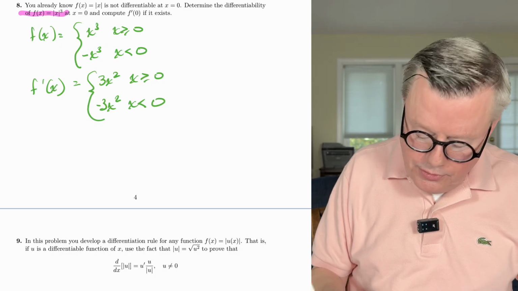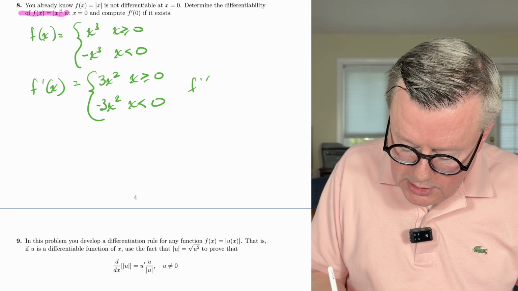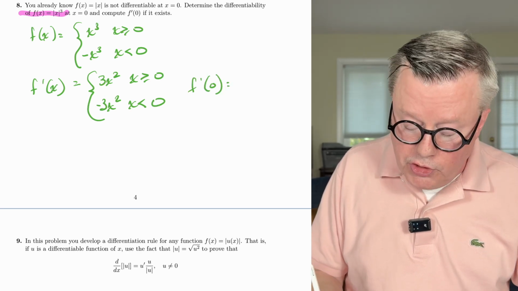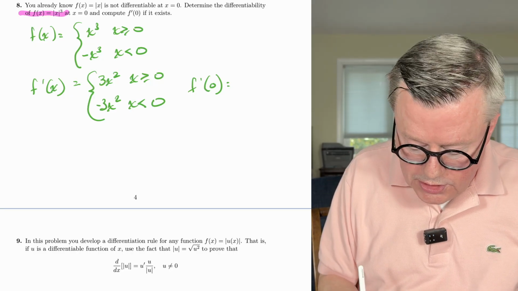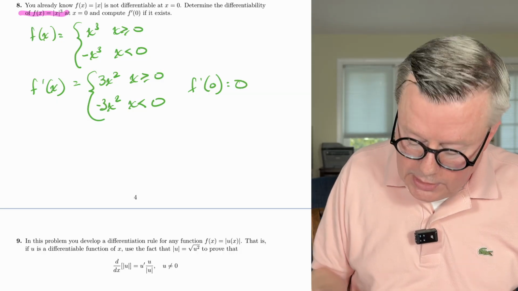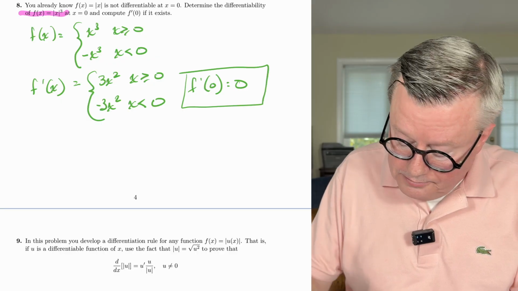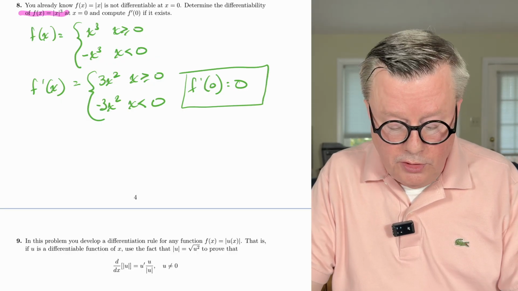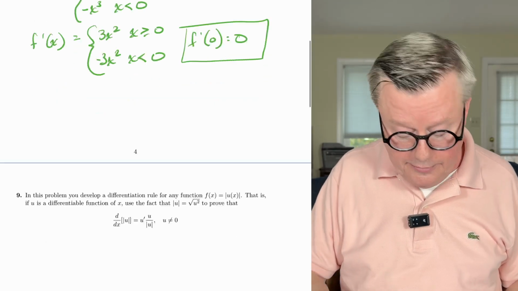And I could go through the definition, but I'm not going to. I've done it algebraically. So the value of the derivative at 0, well, I'm going to use this top piece because that's where x equals 0, and I get 0. A lot of zeros in this problem, but it works out. I have computed the derivative, I've determined that it's differentiable, and I know the derivative is 0.